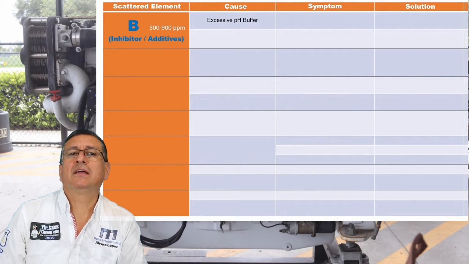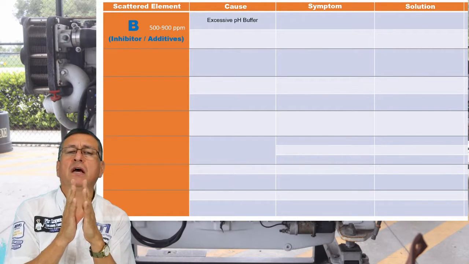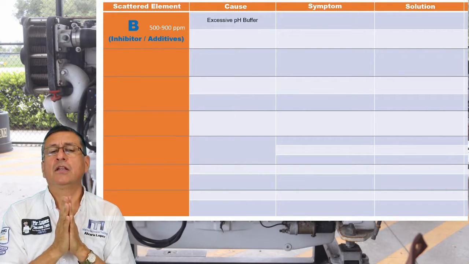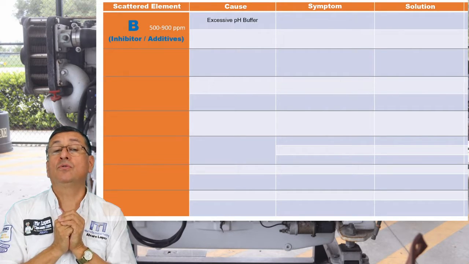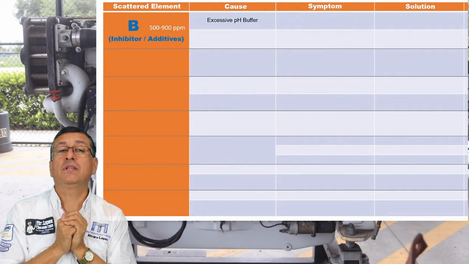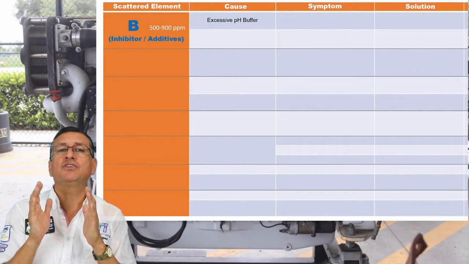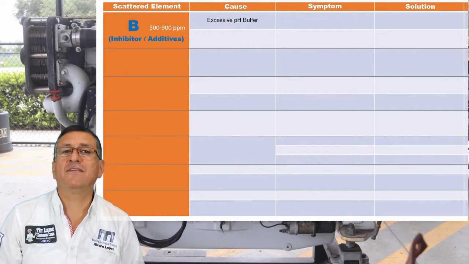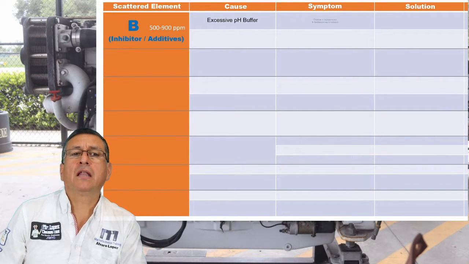You remember those additives are used in order to keep the pH in the middle, around 7.5, in between 6 and 8. This is the normal grade of the pH. But those additives with too much barium try to stabilize the pH, but produce excessive amount of deposits. All right, this is not good.